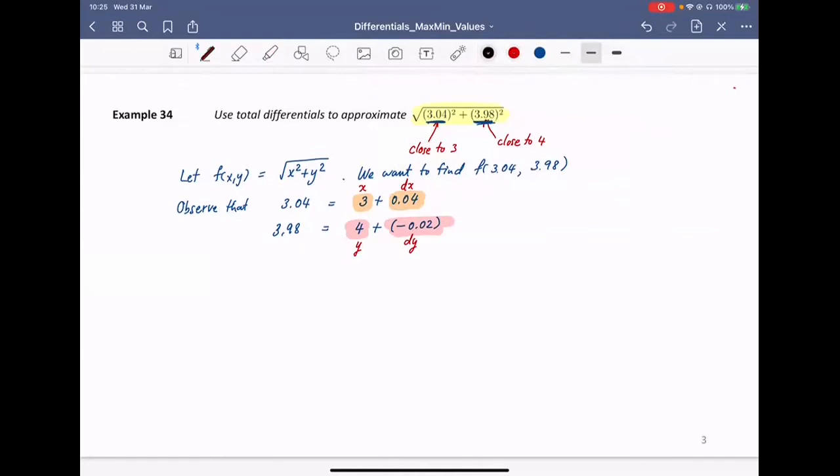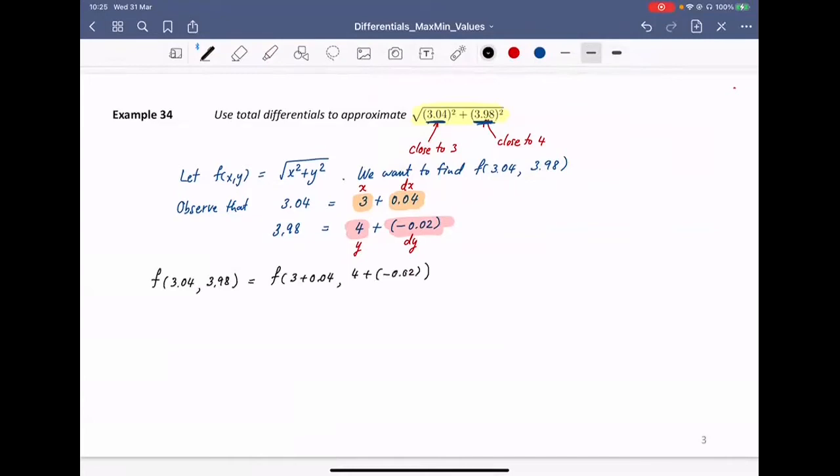And then when you do the equation, you're going to do f(3.04, 3.98). This is what you want. So this is going to be f(3 plus 0.04, 4 plus negative 0.02), right?